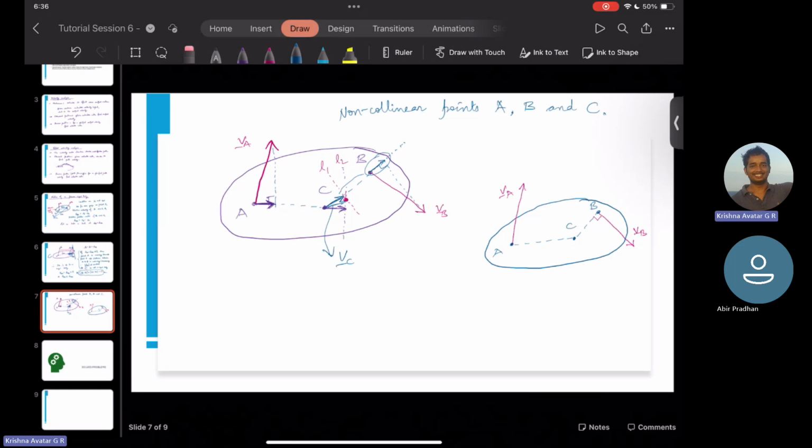So all that we can do is have a certain velocity vector whose direction we know it has to be parallel to.